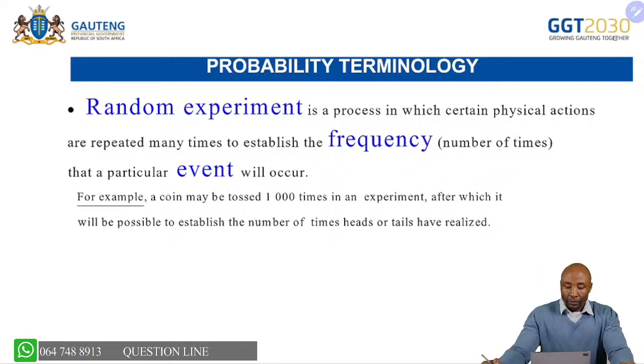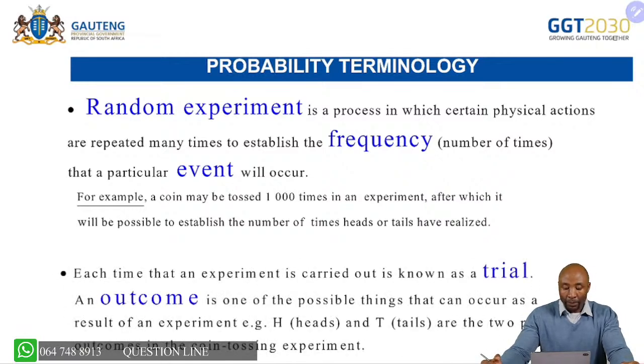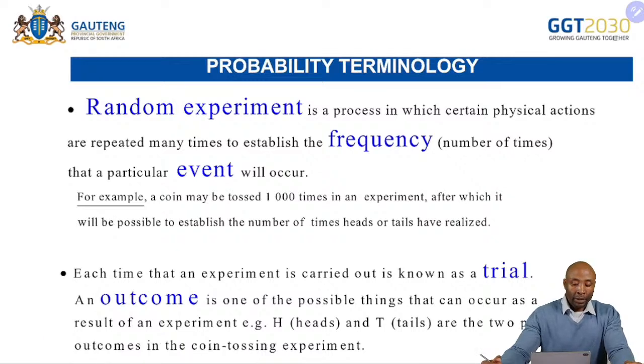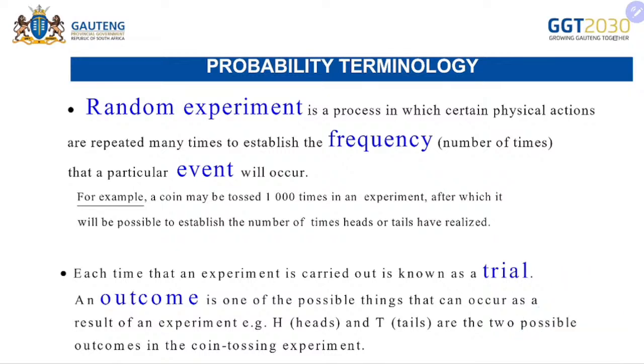Now, I have given that example, you are able to read it. So each time you do a trial or you carry out the experiment, for example, each time you toss, we call that a trial. And each time you get a result, a coin lands after tossing, that becomes an outcome of that particular trial.